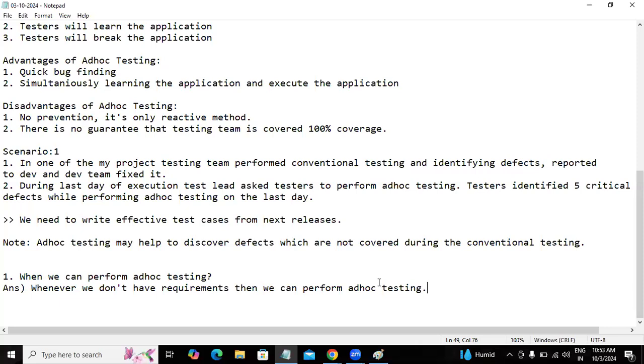Are you going to perform Adhoc testing directly? No. What exactly do we need to test? We need to ask. So first you need to ask, right? Yes. But if I give you the Amazon application to perform Adhoc testing, what are you going to do? You are going to ask.